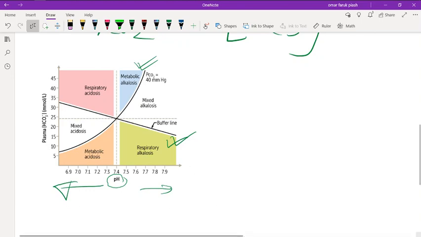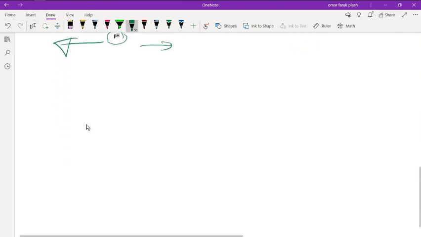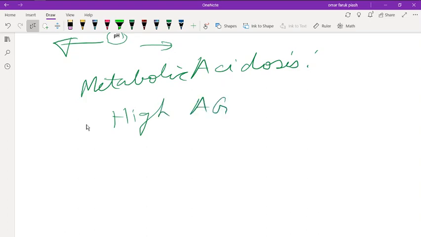Now I would like to talk about the causes of acidosis and alkalosis. In metabolic acidosis, there is normal anion gap metabolic acidosis and high anion gap metabolic acidosis. In high anion gap metabolic acidosis, the mnemonic is MUDPILES. M means methanol.